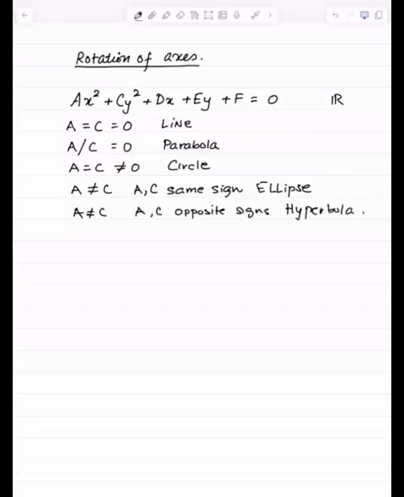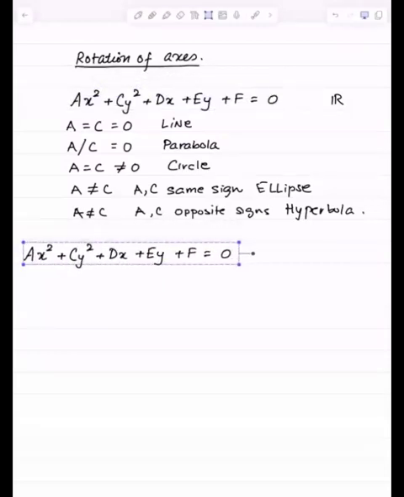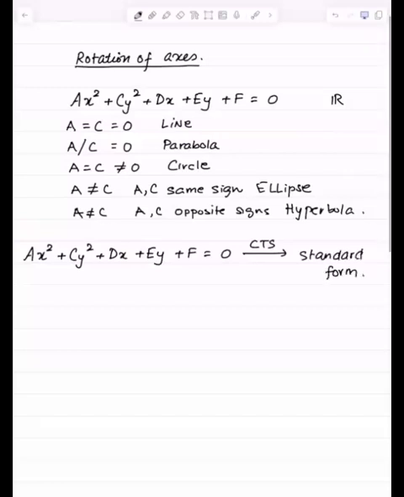Now here is the key. For this entire equation, we can always use completing the square, except when it's just a line, right? But we can use completing the square and get it into the standard form. You can always do this. Now, what's the standard form?